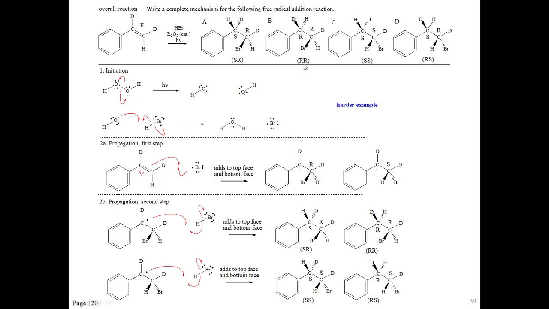But also we can make RR, and the mirror image would be SS, and we can see that here. So these are enantiomers. So in addition to the enantiomer combinations, we also have SR and RR. These are diastereomers. SR and SS diastereomers. So we have all kinds of possibilities here. What we do not have is any meso compound, because there's no mirror plane that we can cut through the middle of this molecule.